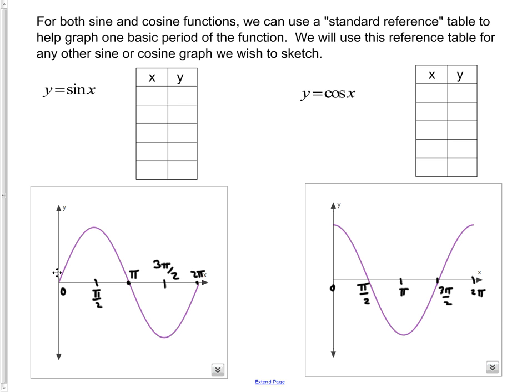Now, for our key values, what happens? Well, at x equals 0, we find that y is equal to 0, right here. At x equals pi over 2, when we take the sine of x, we get y equals 1, here.